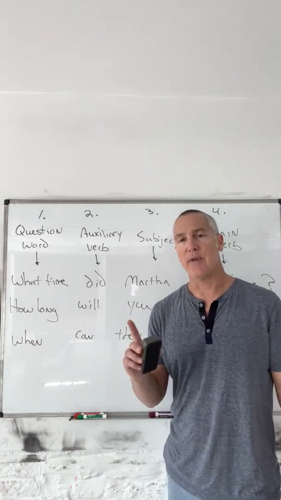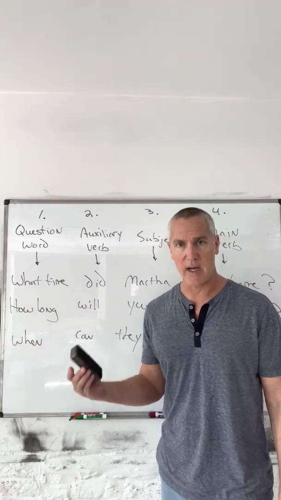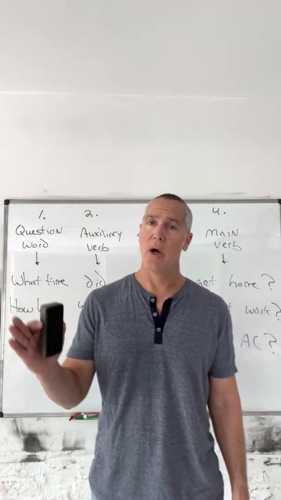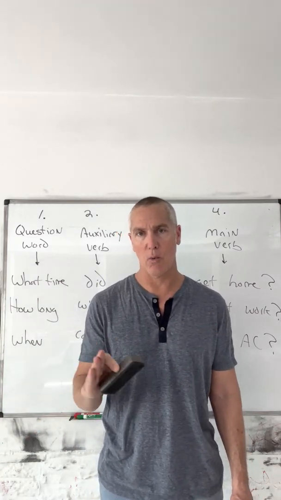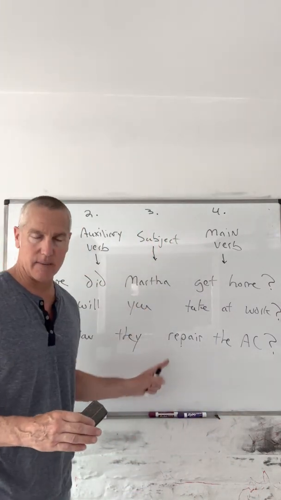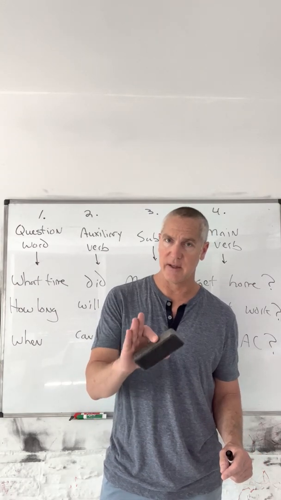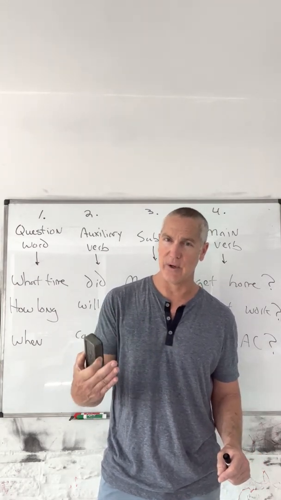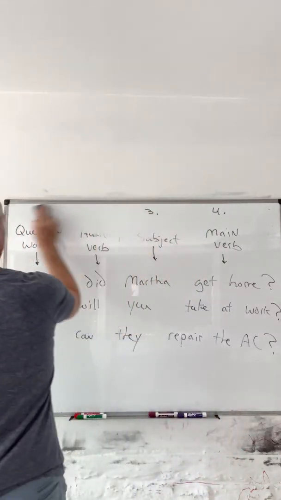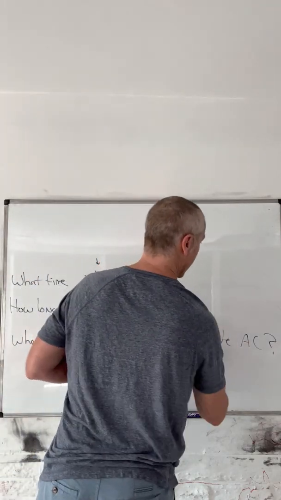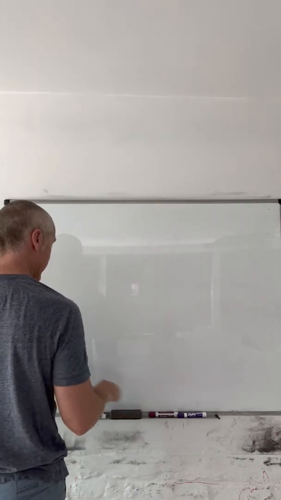But there is a common exception to this, and that is when we ask questions with who or what. The question word, who or what, can function as the subject of the question. And then there is no auxiliary verb. That's a little bit different. We're asking for the subject of the complete answer. Let's take a quick look at that. Those, again, are just a couple of common exceptions with these words.